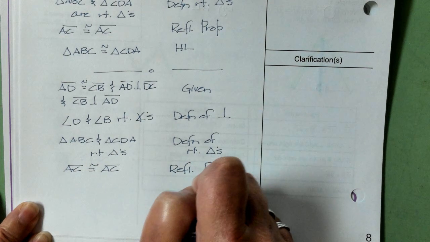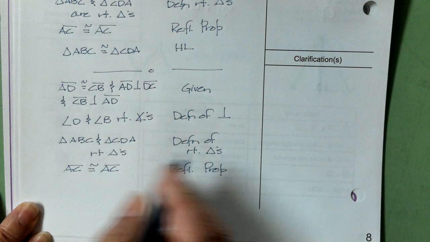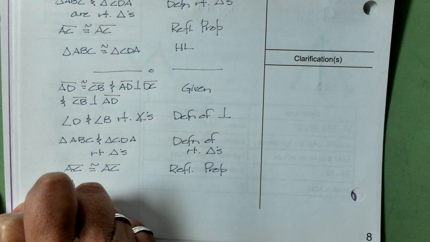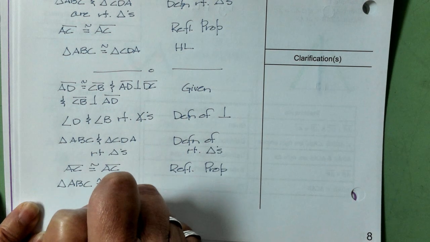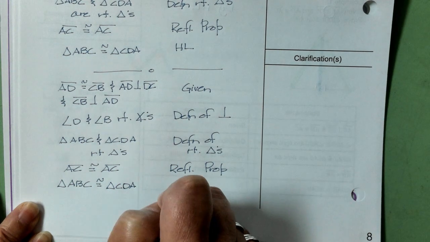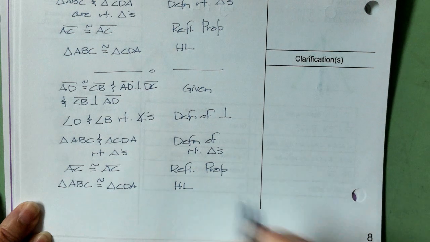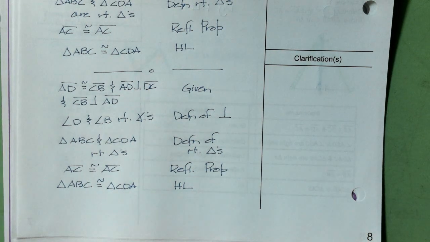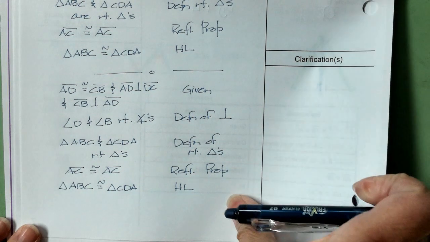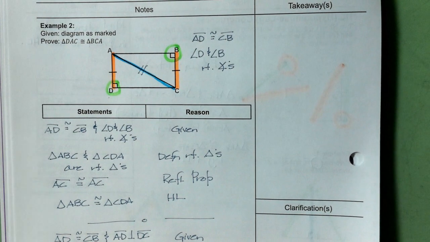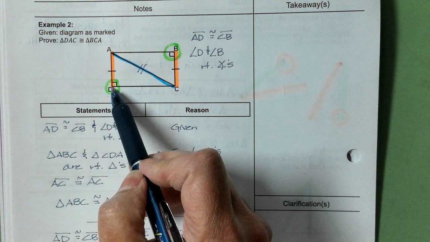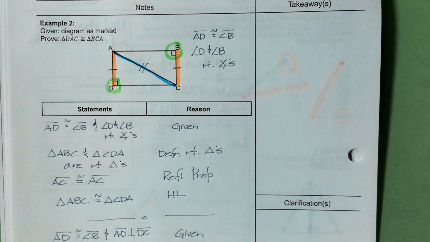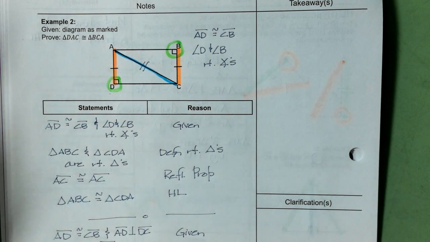Reflexive property. Therefore, triangle ABC is congruent to triangle CDA by hypotenuse leg. So there's two options for this proof. Again, because we are working off the diagram, since these angles are marked with a little box, one of two things: they're right angles or they're perpendicular lines.